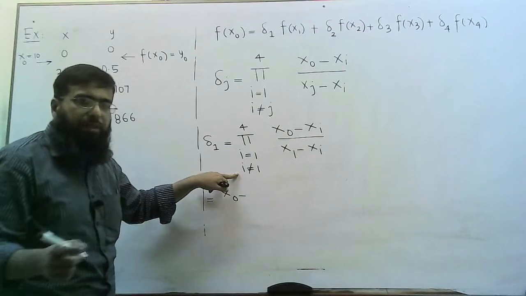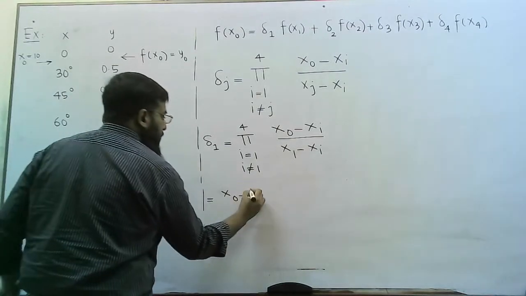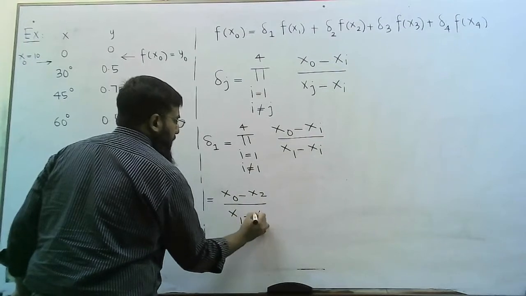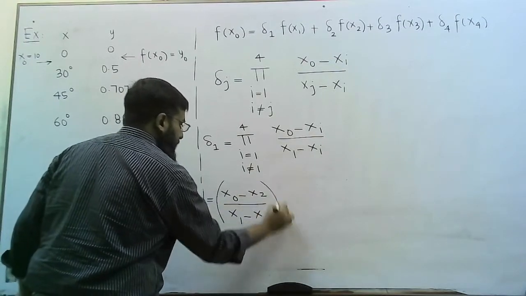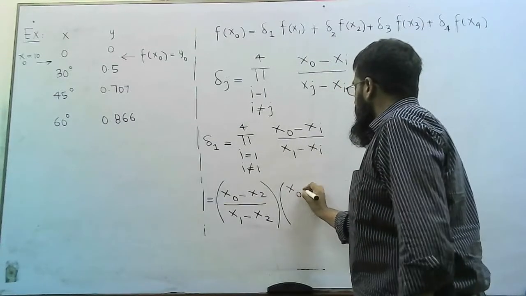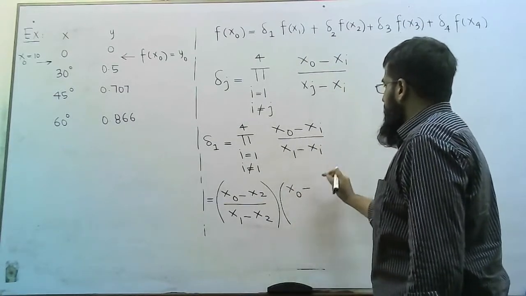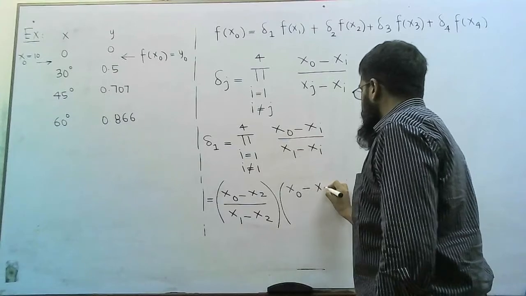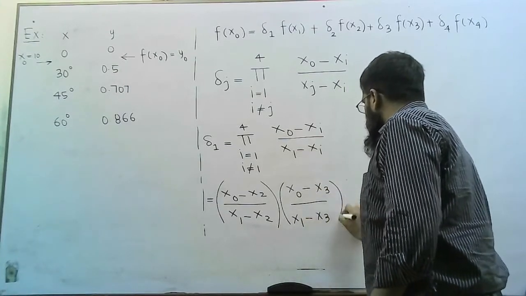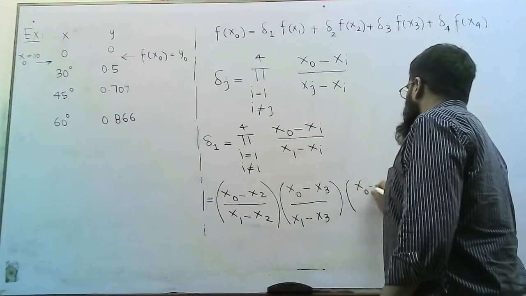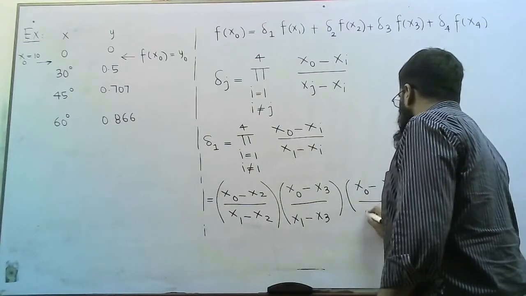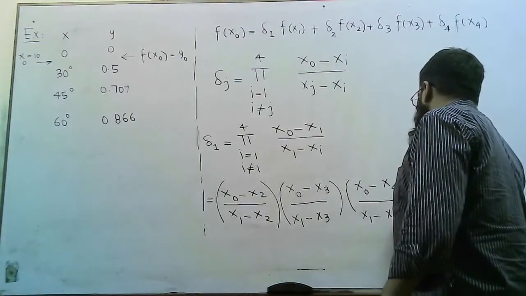This means we start from 2: x naught minus x2 over x1 minus x2 is the first term. Then for i equal to 3, x naught minus x3 over x1 minus x3. And the last term would be x naught minus x4 over x1 minus x4.